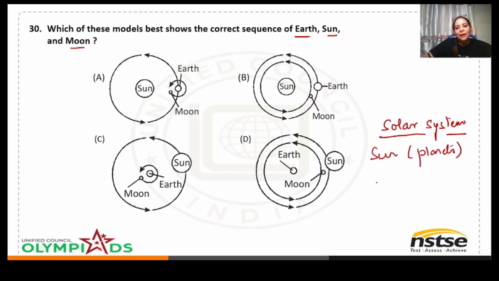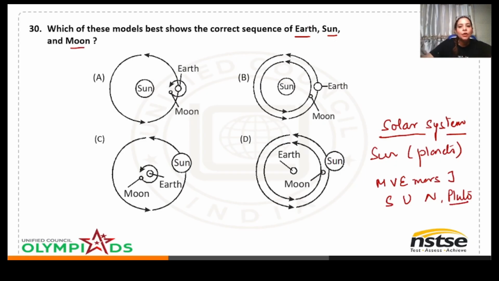And you know that we have planets as Mercury, Venus, Earth, Mars, Jupiter, Saturn, Uranus, Neptune and Pluto. These are the planets. Now all the planets are revolving around the Sun in their definite path.